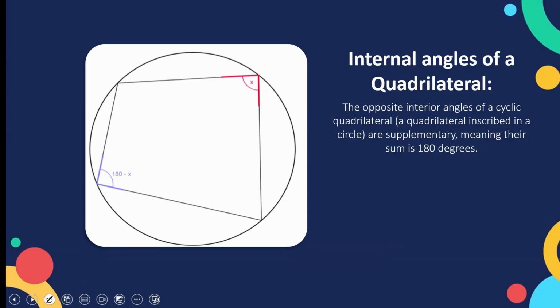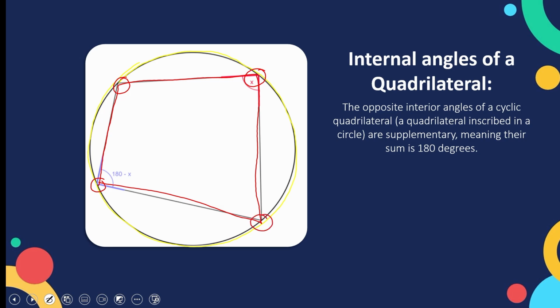So if we go back to our drawing that we have over here in our PowerPoint, we can see that we have our circle, and highlighted in yellow, there's our cyclic, and our quad. There is our quadrilateral. 4 sides. 1, 2, 3, 4.